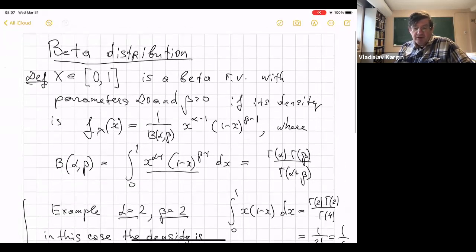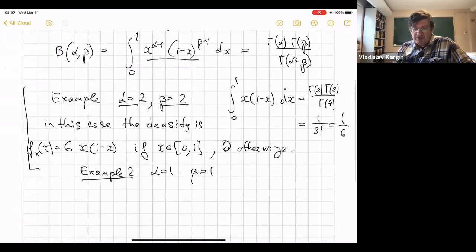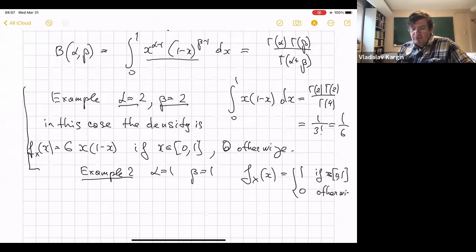So in this case, f of x is equal to 1 over the interval from 0 to 1, and 0 otherwise, and there shouldn't be any additional constant. The integral is equal to 1. So this shows that this particular case of a beta distributed random variable is a uniform distribution.